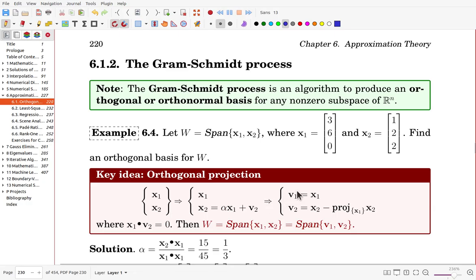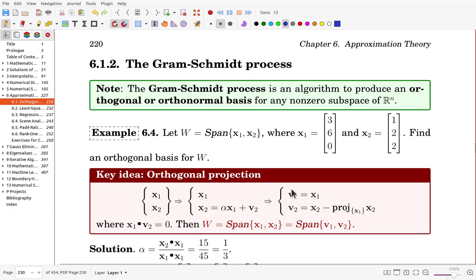Now, once we rewrite this way, these are clearly independent, and in fact they are orthogonal. And this space is two-dimensional, so once you span the space from v1 and v2, that will be the same as the original space, and they are orthogonal.